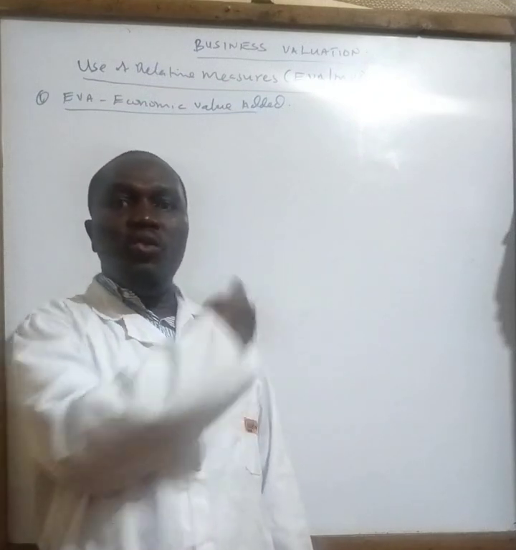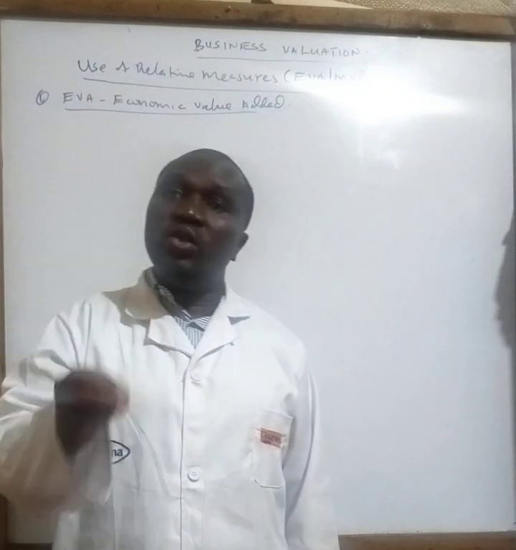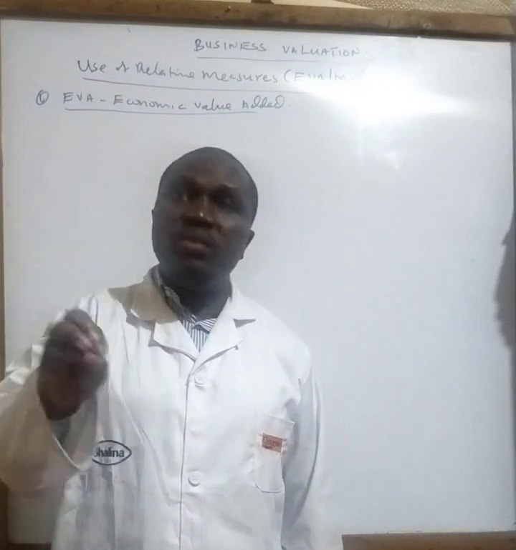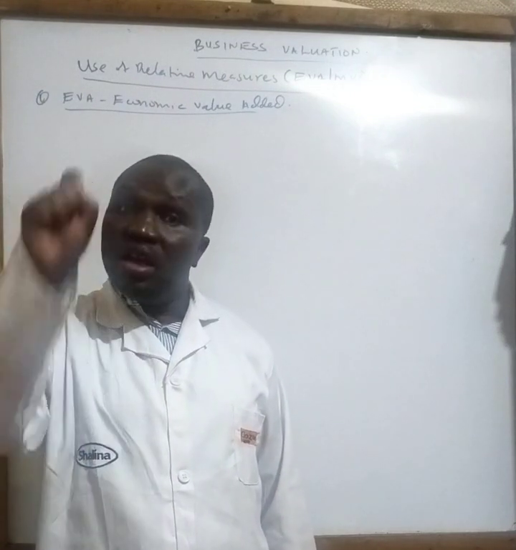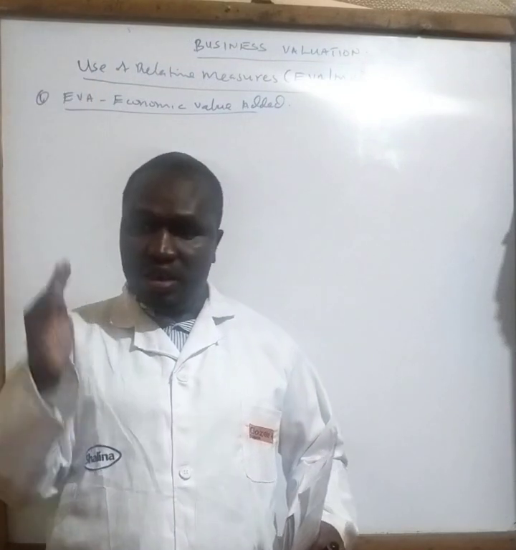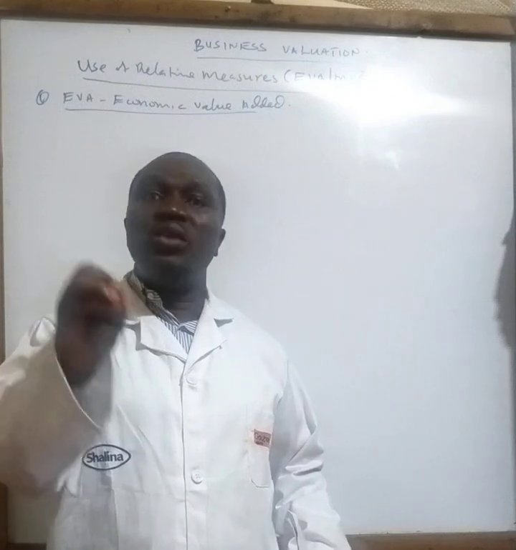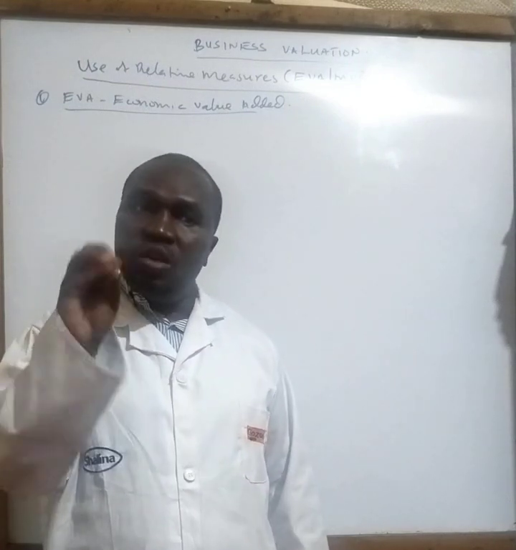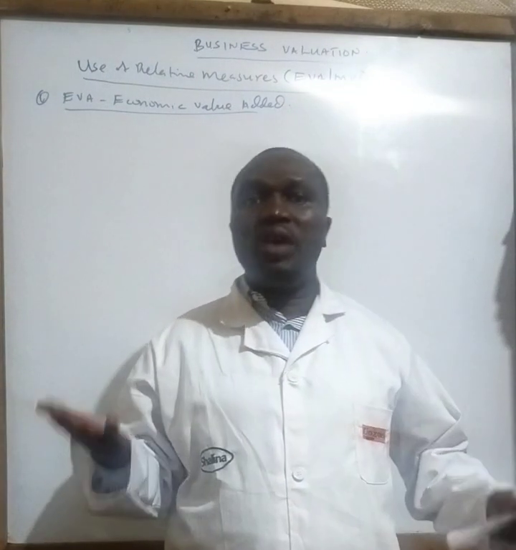So when we use the economic value added method, it caters for the investment cost, that is to say, the required rate of return of the investor. Out of the profits that we have already computed, we need to adjust it to accommodate the cost of investment. This cost of investment is very important when it comes to valuation of a business.